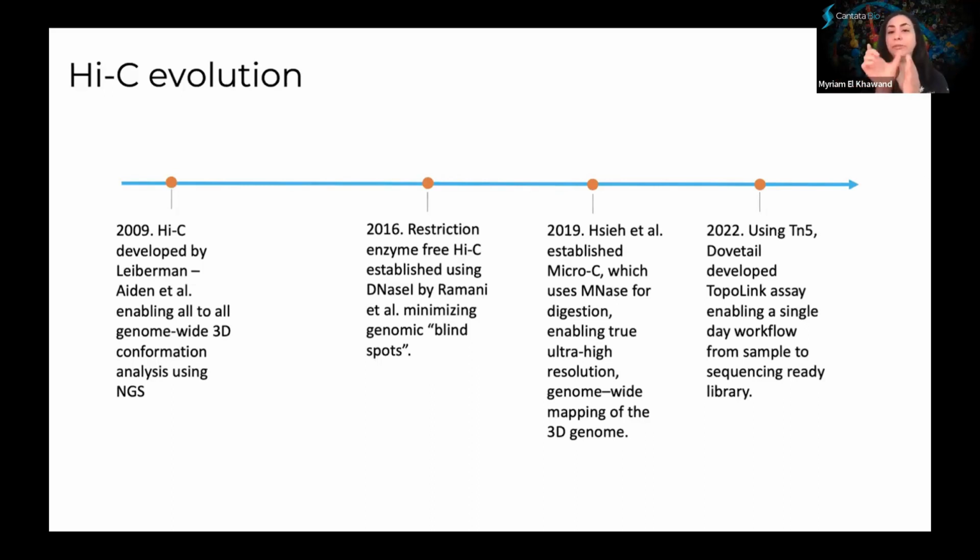So it can cleave the linker DNA and it can chop back until the mononucleosome. So what you end up with are fragments of a nucleosome size. So you're really able to resolve your genome up to that nucleosome level, around 150 base pairs, to ask your questions and interrogate interactions.